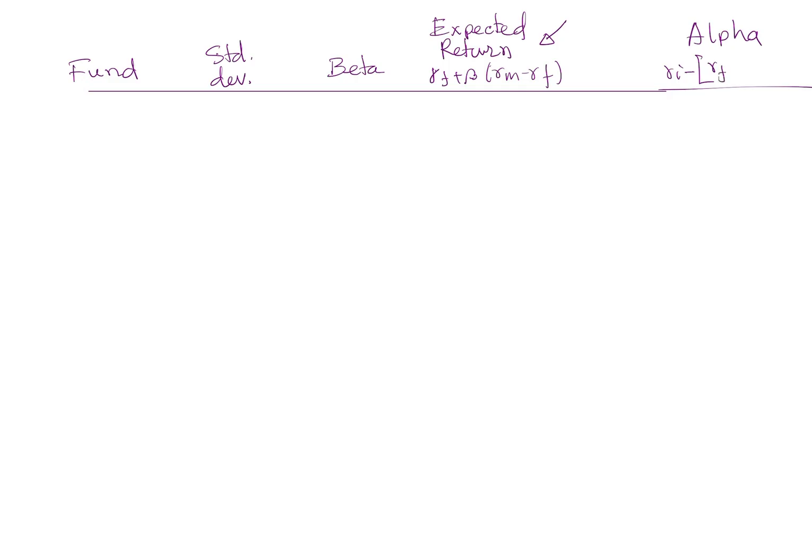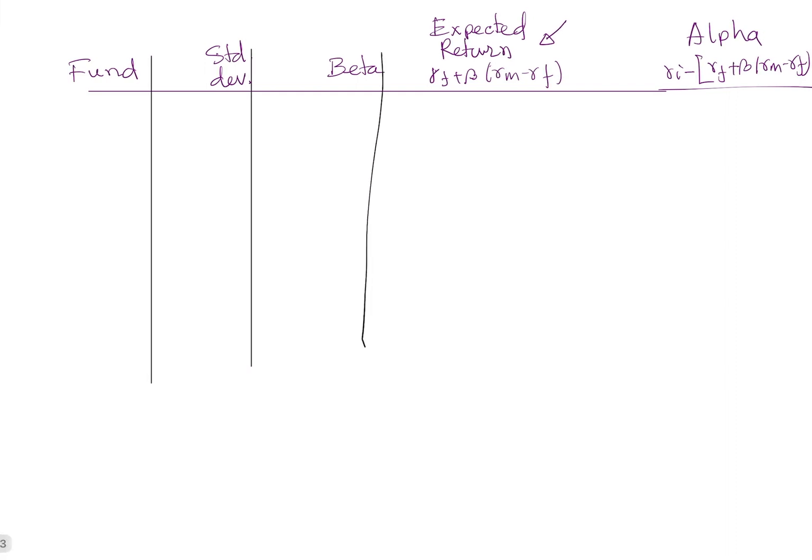So RI minus RF plus beta RM minus RF. So let's put all of this information. We've got fund, standard deviation, the value of beta.